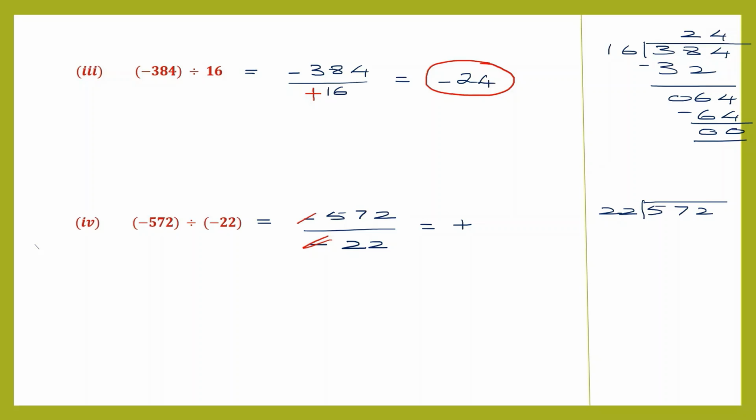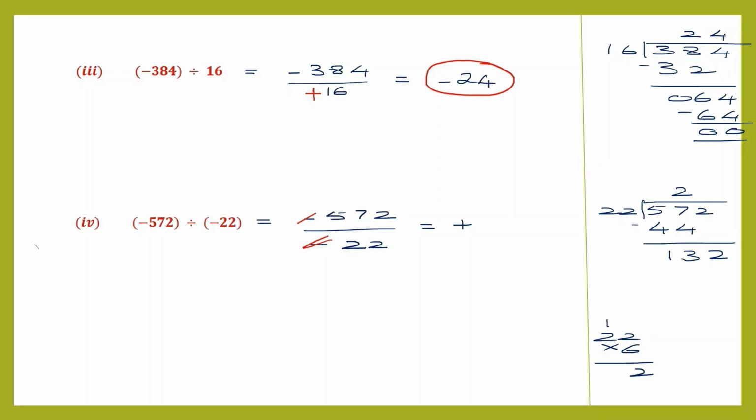So let's do that. 22 twos are 44. So let's write that down. Now let's minus. 7 minus 4 is 3. 5 minus 4 is 1. We bring down 2. Now 22 into what will give us 132. Let's try 22 into 6 and see what we get. 6 twos are 12.